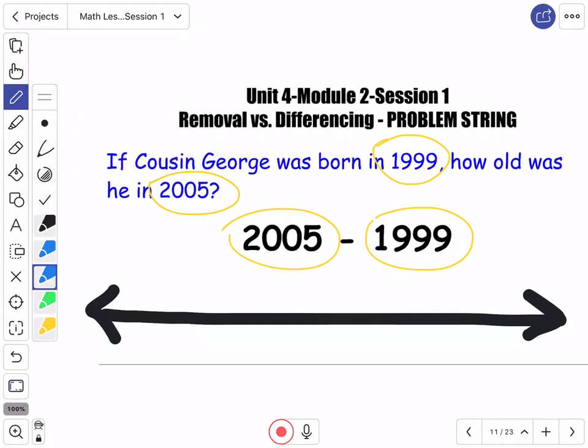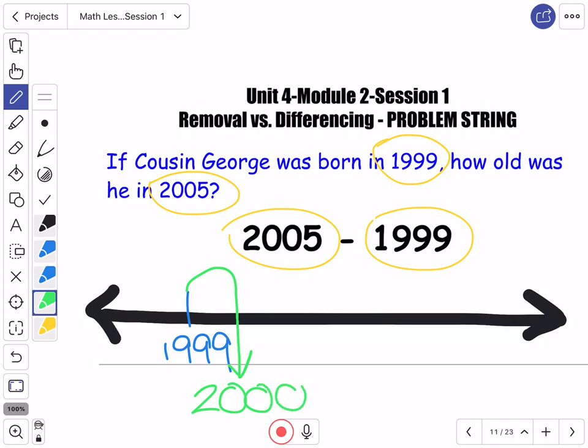Okay. All right, so if I've got 1999, I know that that is very, very close to the solid number of 2000. From 1999 to 2000, I've only gone 1 year so far, okay?